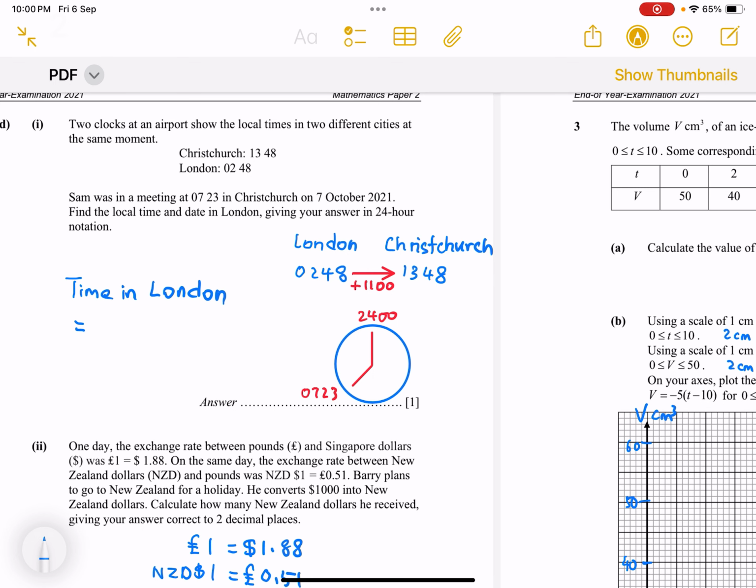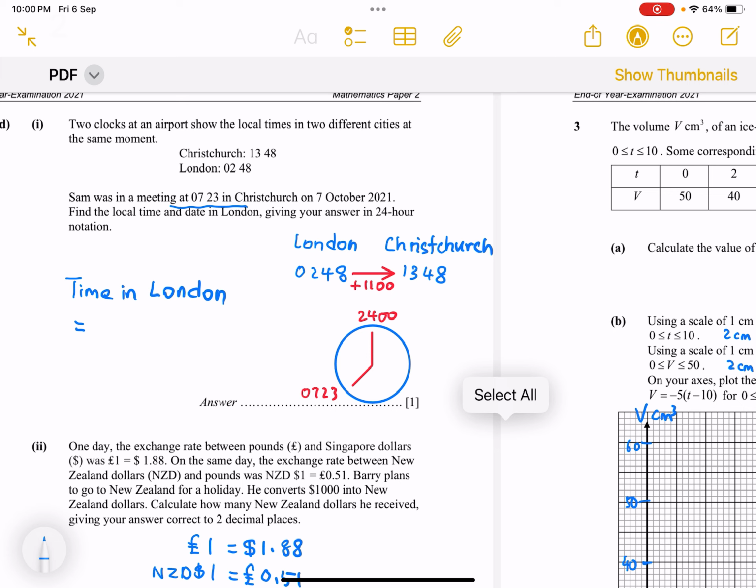Now this one, we are looking at a 24-hour clock. So if the time in Christchurch is 7:23, then it is actually beyond 2400 hours.